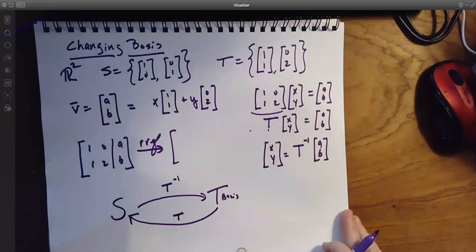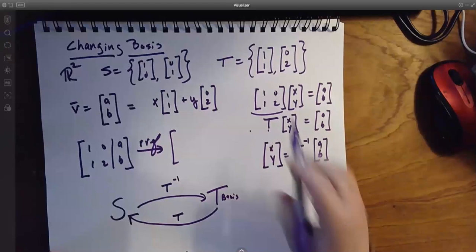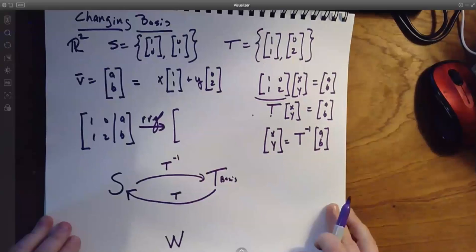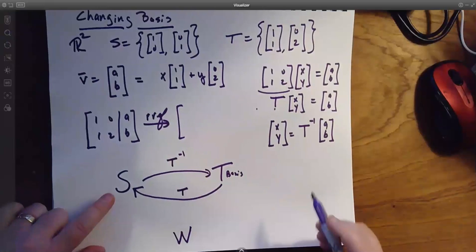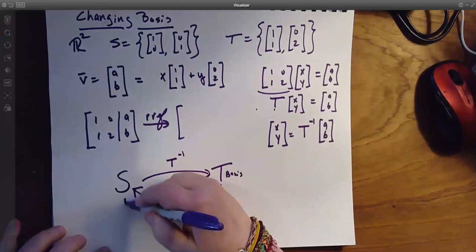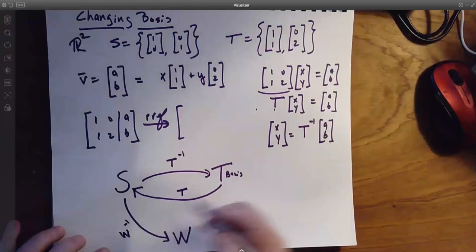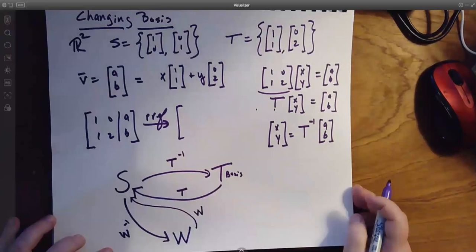Well, what if I have yet another basis over here? We're going to call it W. W is going to have two vectors, and we squish them together to make the W matrix. Just like with the T basis, to go from S to W, I multiply by W inverse, and to go from W to S, I multiply by the W matrix.